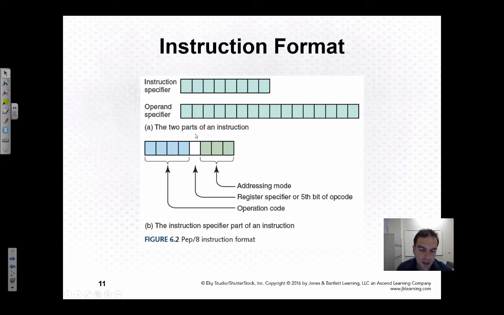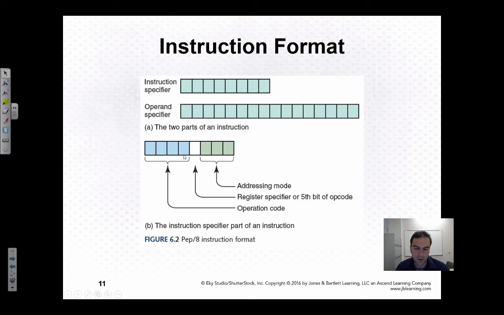Right? The instruction specifier can be broken up into parts, and depending on the instruction, it's broken up differently. For many instructions, the first 4 bits give you some sort of a semantic opcode of what you want to do.